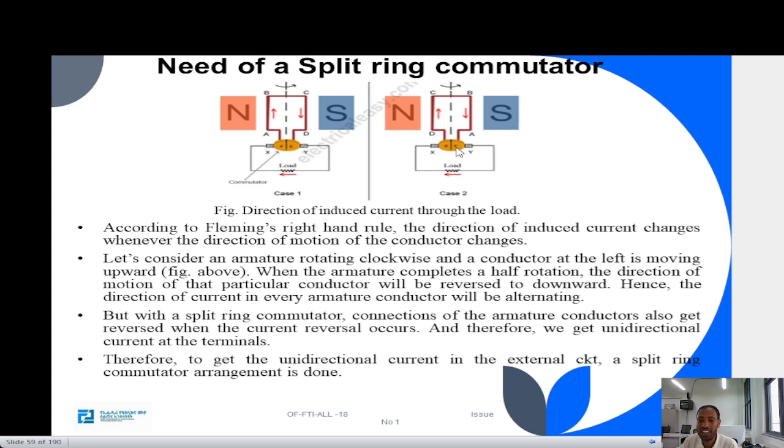We call it unidirectional current, found on the terminals X and Y, or through the load. Now see, in this case current was flowing like this. Now similarly the current is flowing in the same direction through the load. Why? Because this segment is going to be changed with the coil side. Therefore, to get unidirectional current in the external circuit load, a split ring commutator arrangement is done. That is the purpose of the split commutator.